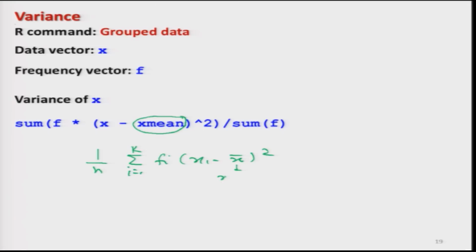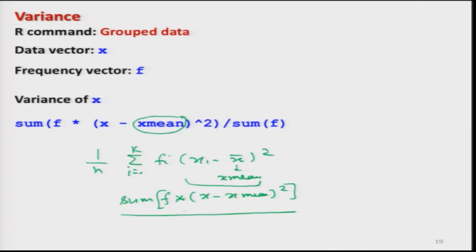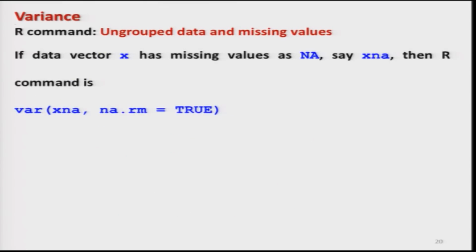Now this x bar becomes x mean, and I write x minus x mean whole square, and then it has to be multiplied by the frequency vector f, and all the elements in this vector are summed, divided by n, which is the sum of all the elements in the frequency vector f. So, this is how the expression has been obtained to find the variance in case of grouped data.